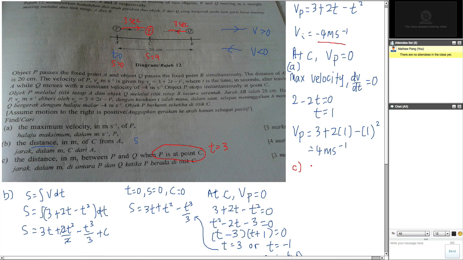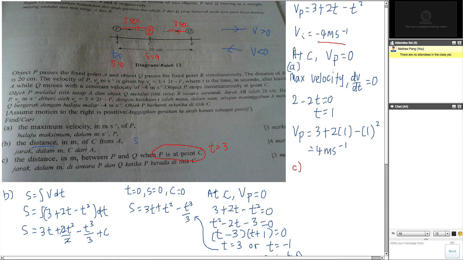So that means velocity for Q when t is 3. No, not velocity. Okay, we want to find the displacement. We want to find how far the particle Q travels, right? So let me erase this one and do it properly.